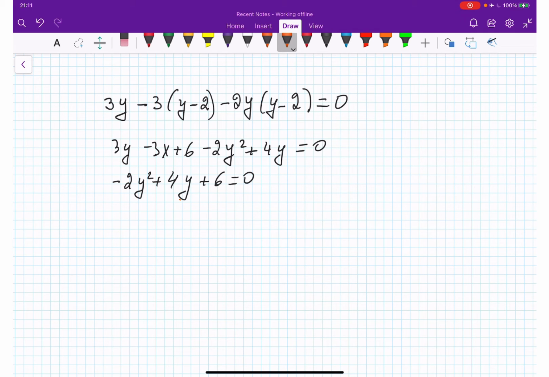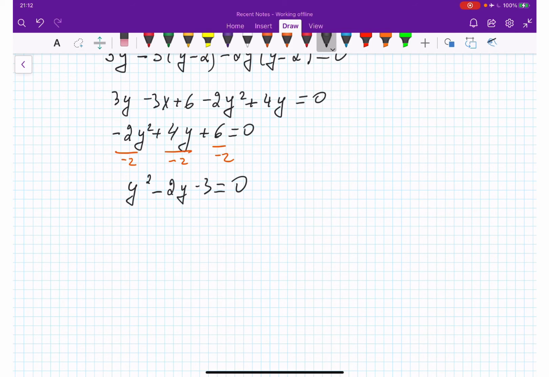Now I'm going to divide by negative 2 everywhere, and the result of simplification is y squared minus 2y minus 3 equals 0. So we can FOIL it. y minus 3, y plus 1 equals 0, and we have y equals 3, y equals negative 1.